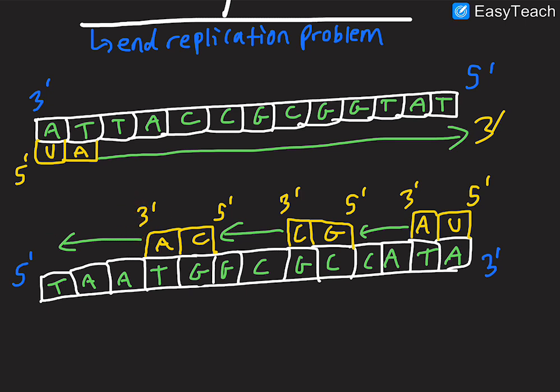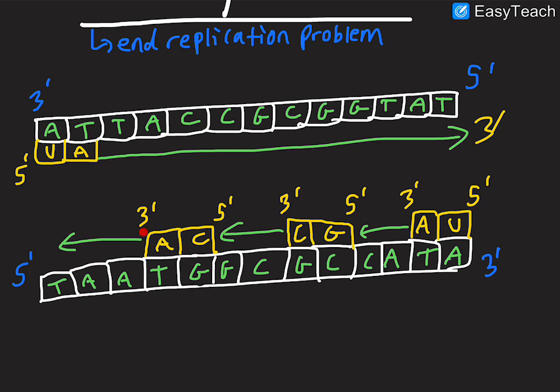So it's synthesizing from 5' to 3', because when you're going left, this side is 5' to 3' if you're synthesizing, because DNA is anti-parallel. So if you're 5' to 3' here and synthesizing this way, then you're synthesizing in anti-parallel fashion, meaning you're synthesizing from 5' to 3', okay?